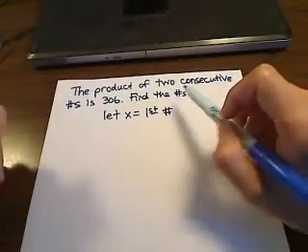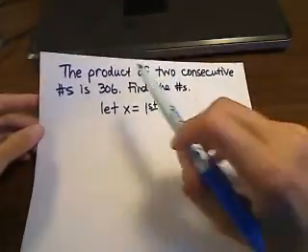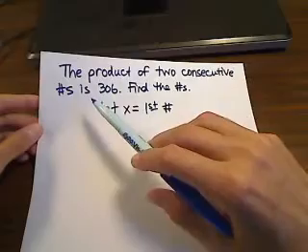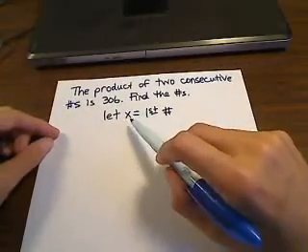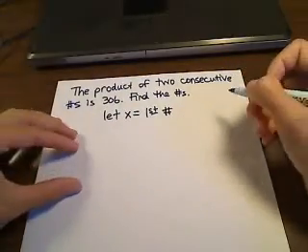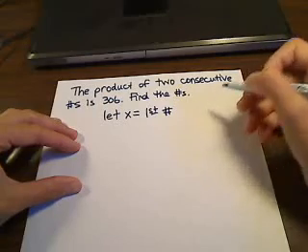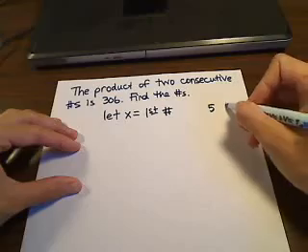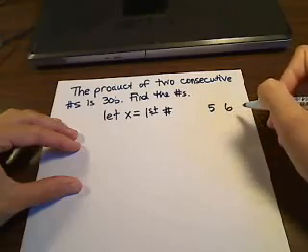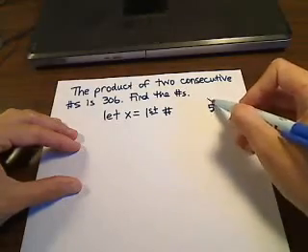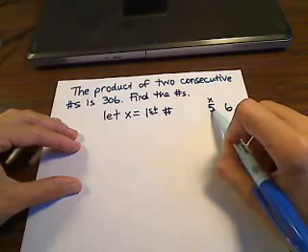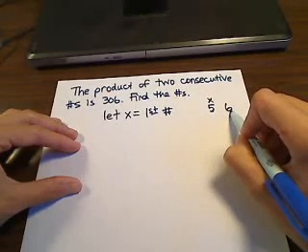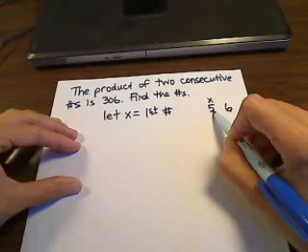Okay, so let's go back and look at it again now. It says the product of two consecutive numbers. Well, my first number is x. Consecutive numbers are numbers that are in a row. For instance, the number 5 and the number 6 are consecutive, right? If this is my x, what did I do to this 5 to get up to a 6? I added 1.